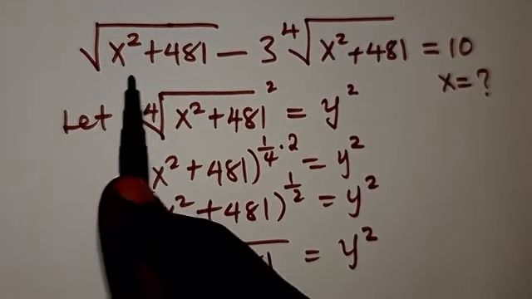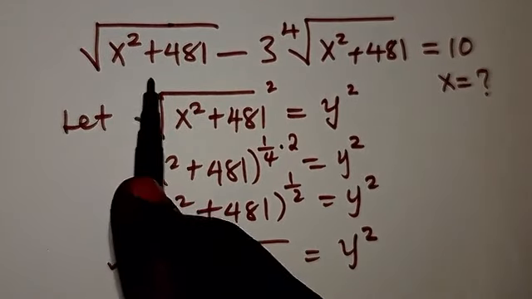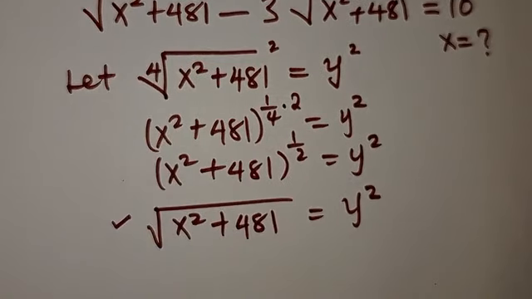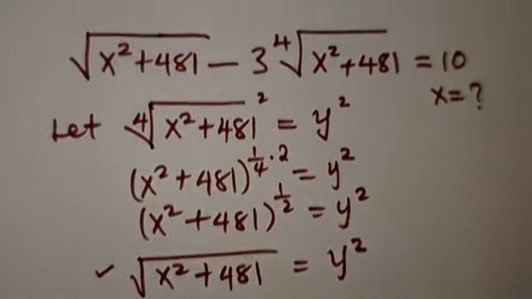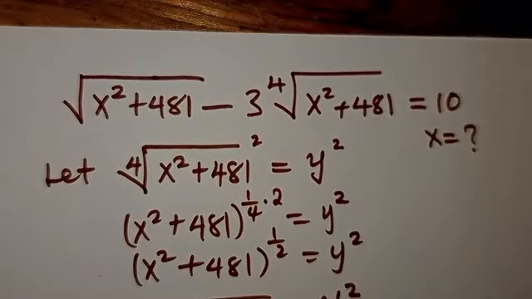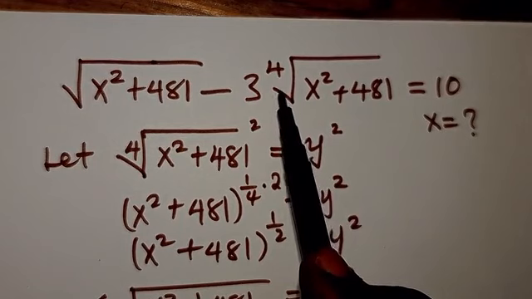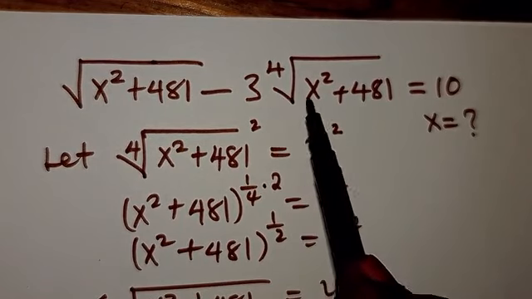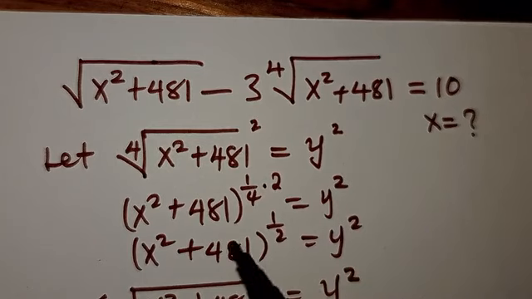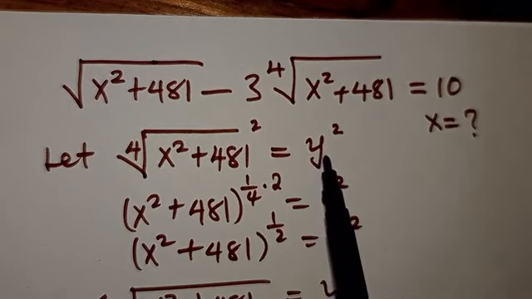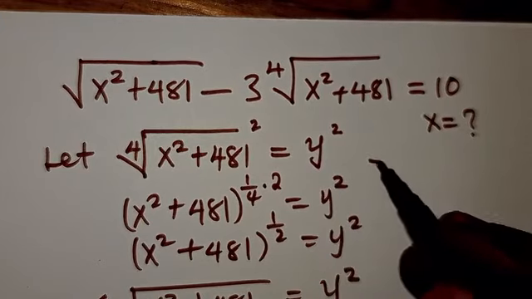So you can see that from here, we can say y squared minus, when you look at this one here, we have the fourth root of x squared plus 481, and it's the same thing we have here, because from the beginning we said that this is y.